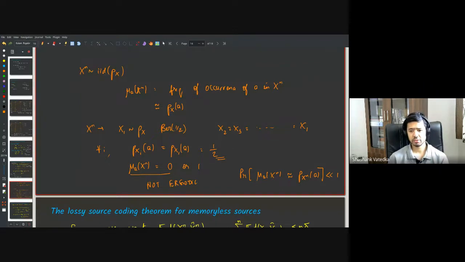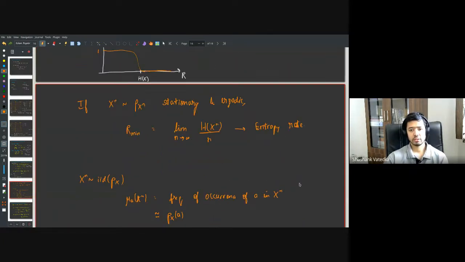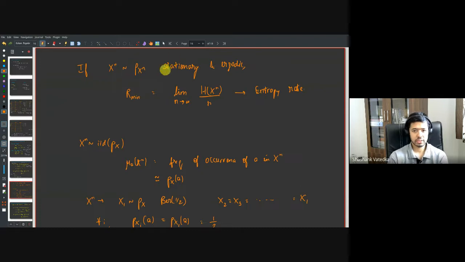So these are sequences which are not nice, and we want certain nice properties in the true source sequence if we want to be able to compress them efficiently. So it turns out that a stationary sequence is of course one where the probability of any set of random variables is invariant to a time shift. And ergodicity basically says that time averages should be close to the ensemble averages.